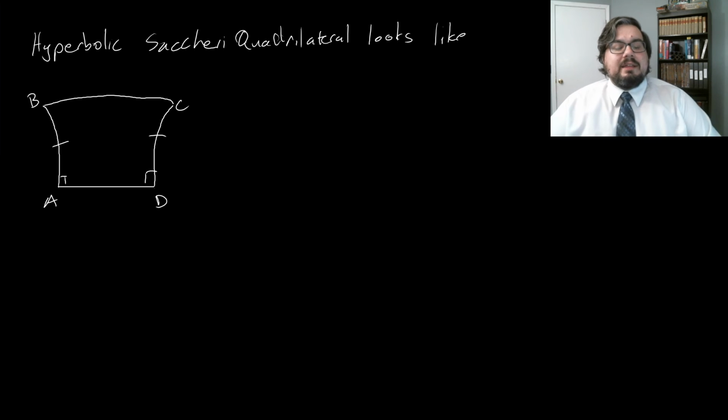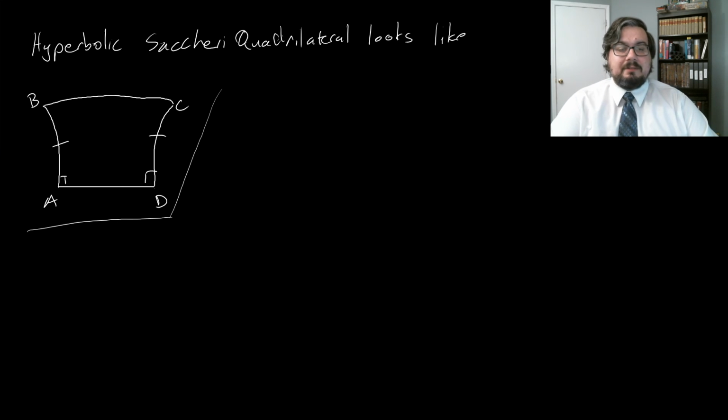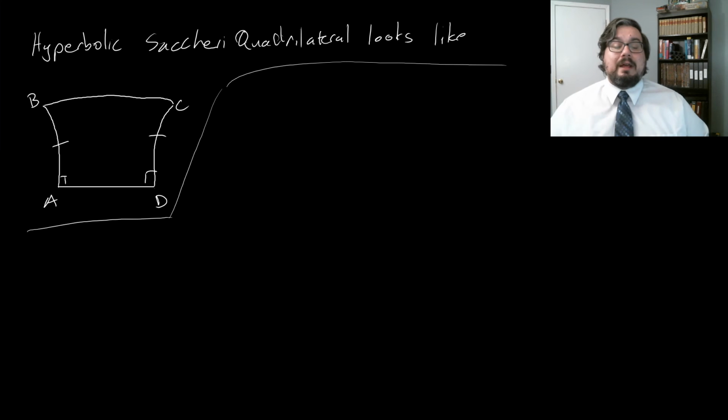Now, we used facts about Saccheri quadrilaterals back when we first encountered them to prove things about triangles, and we're going to do the same thing again here. In fact, knowing that the upper angles of a Saccheri quadrilateral are acute allows us to prove that not only do rectangles not exist in hyperbolic geometry, but the sum of the interior angles of a triangle in hyperbolic geometry is never 180.